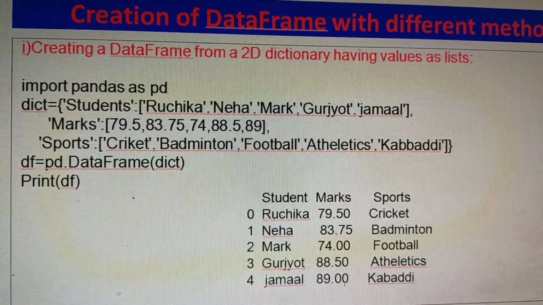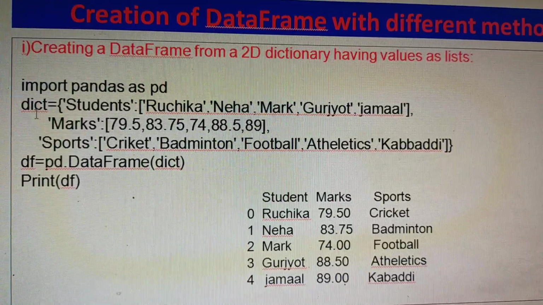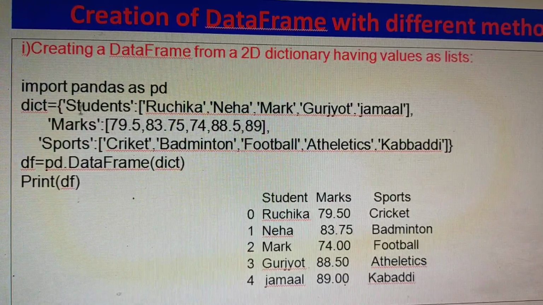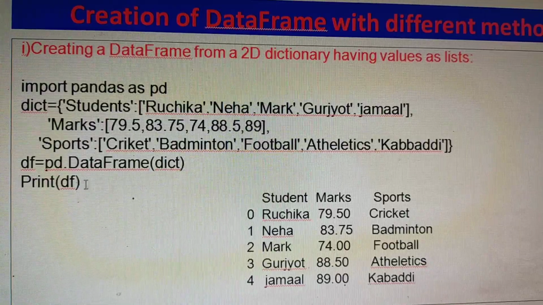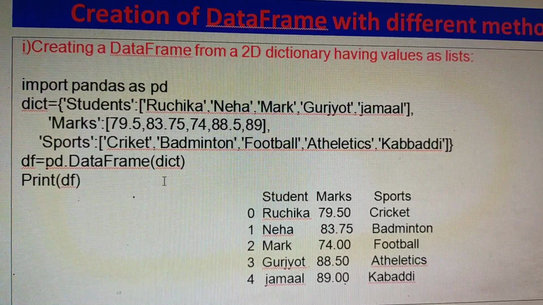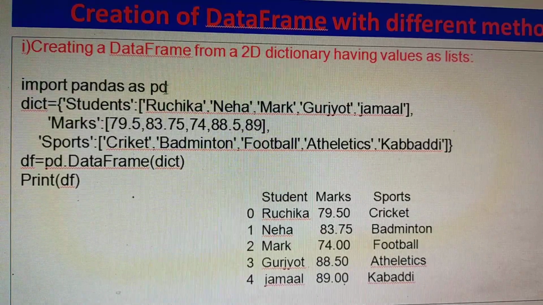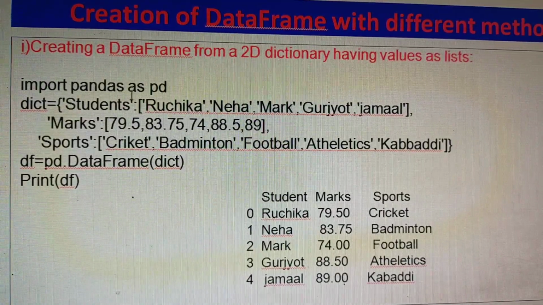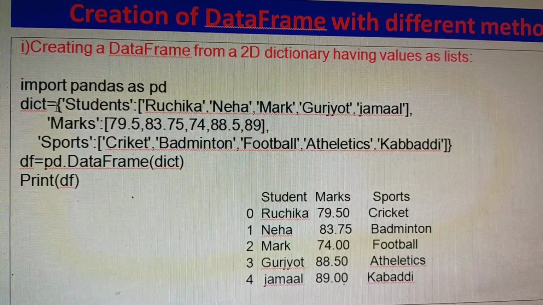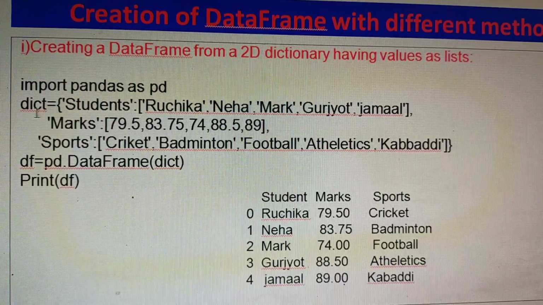So you can see here, first we will create the dictionary and then using the dictionary we will create the data frame. So first of all we will import pandas as pd and then create the dictionary.